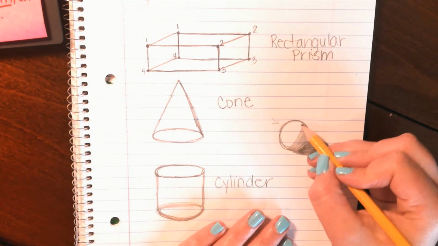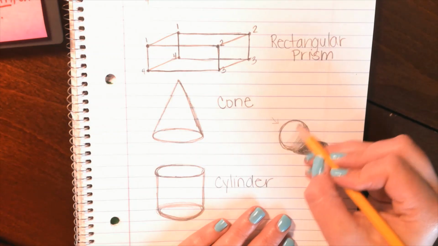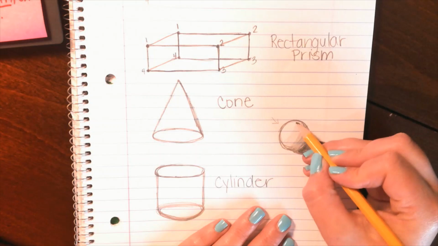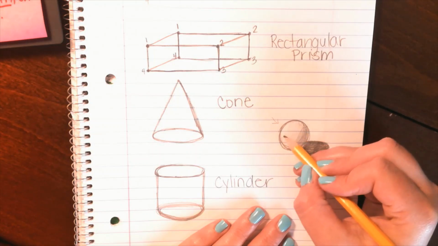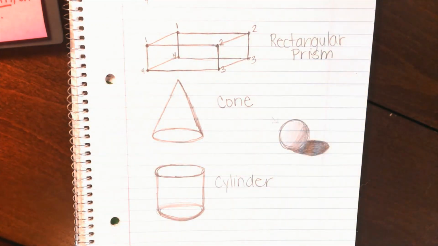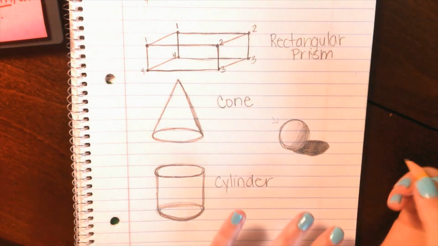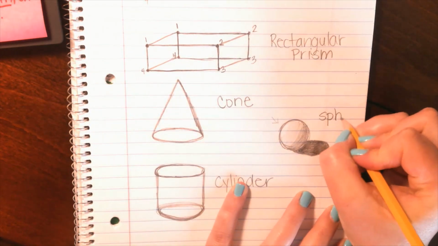So what you do is you want to keep shading, but pick up your pencil a little bit where it's lighter and gets lighter and lighter and then stop. Because remember, we need a little bit of an area that stays white, okay? So this is how you draw your sphere.